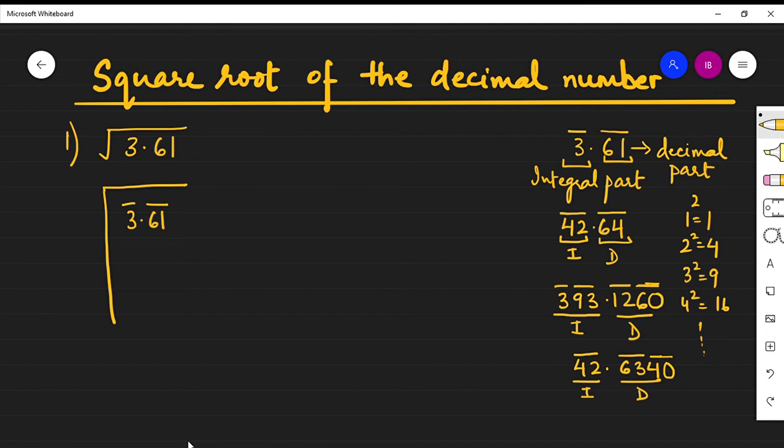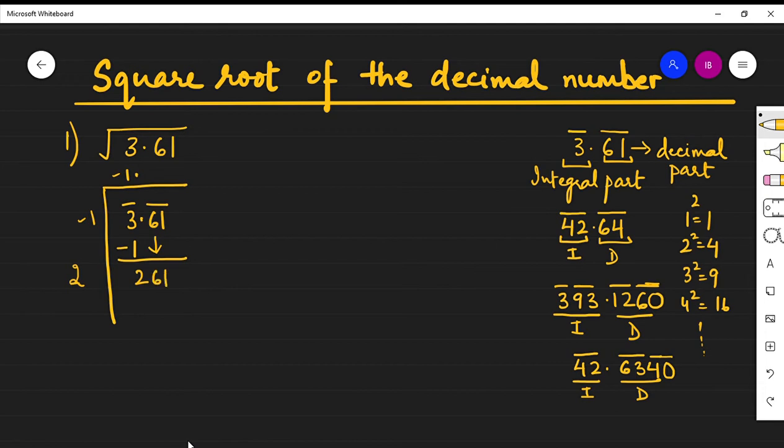So it will go with 1, 1 the 1, 3 minus 1, 2. The moment we reach the decimal place, we will put the point here, decimal here. What will come here? It will be 1 plus 1, 2. We will copy the digits under the next bar, 61.